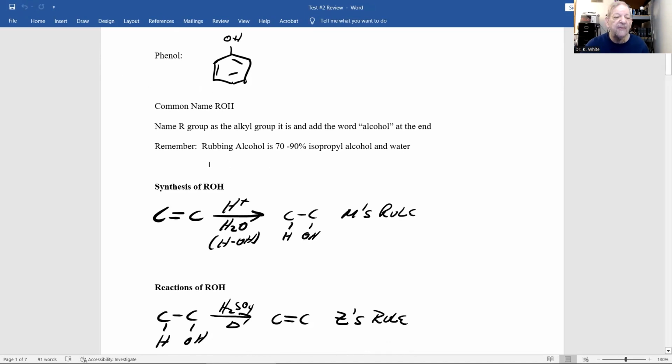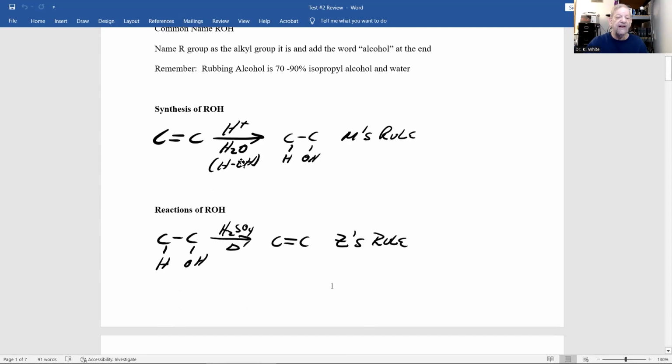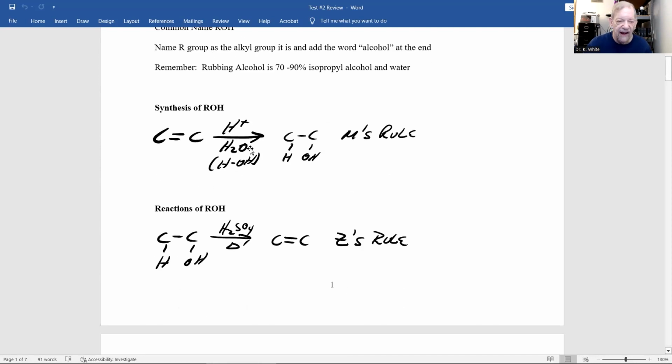But anyways, remember another alcohol, ethanol, you can find that in gasoline. You know, when you go to a gas station, you'll see a sign, this gasoline contains up to 10% ethanol. And you now know ethanol is an alcohol. Now, how can you make an alcohol?